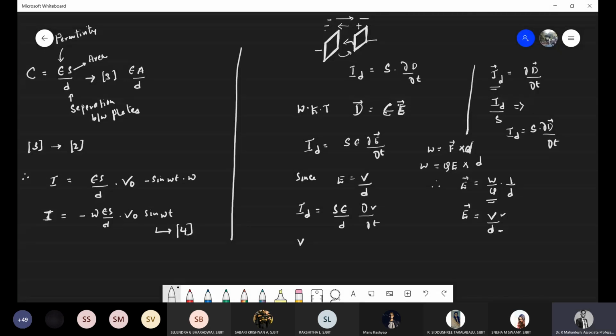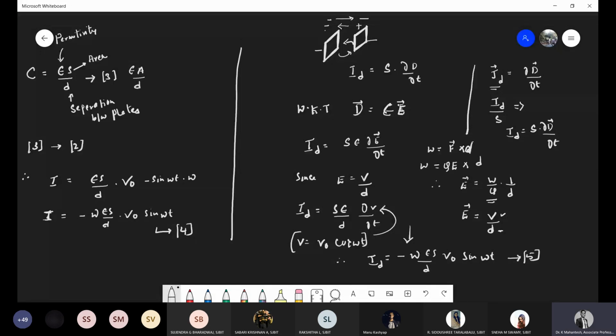Substituting this and taking the partial derivative with respect to t, you obtain ID is equal to minus omega epsilon S by d V naught sine omega t. Call this equation 5.